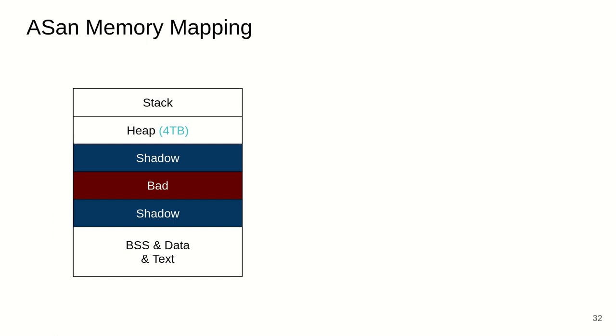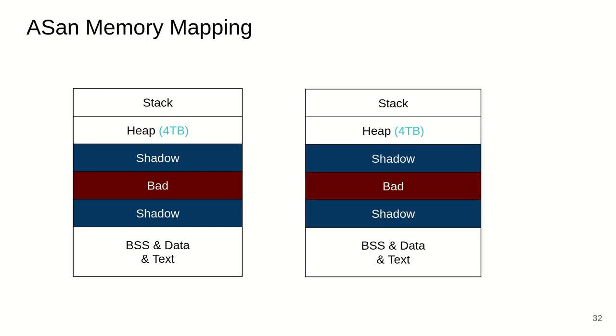So how does the memory mapping look like? We've got the original memory map on the 64-bit platform. ASan will allocate 16 terabytes of memory, and what ASan does is map this into the 16 terabyte map.